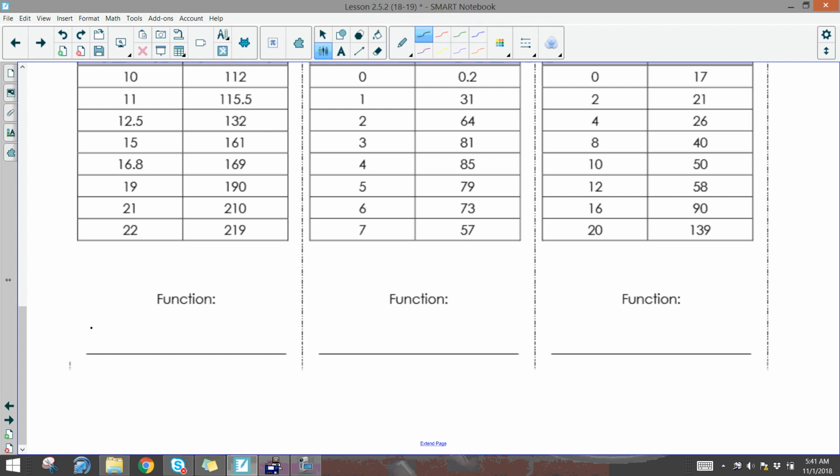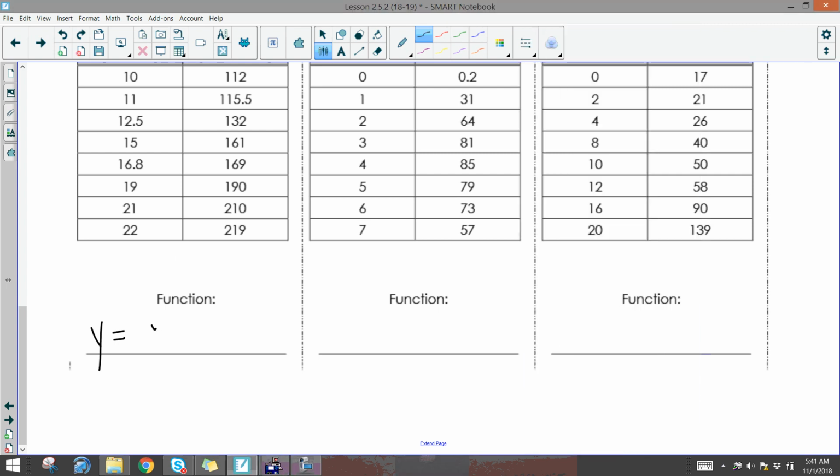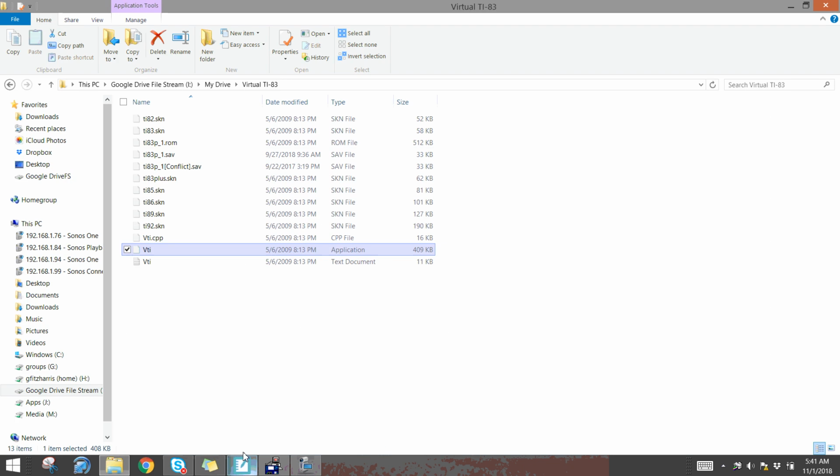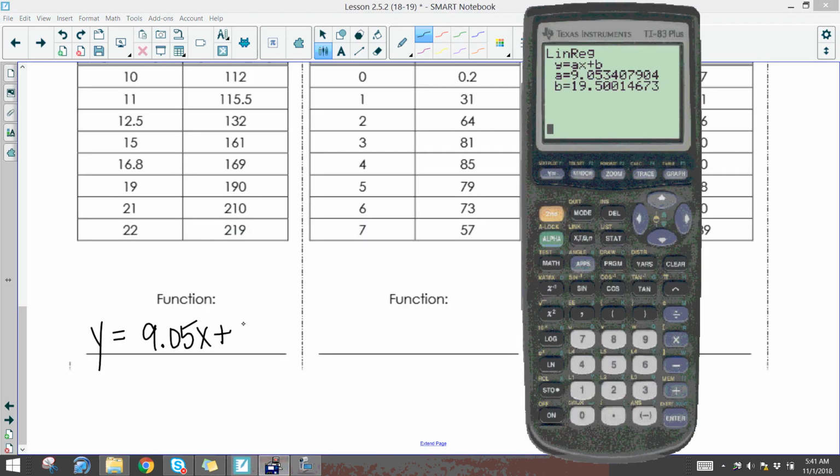All right, so we chose y equals, and thanks to my computer being super slow, I already forgot, 9.05x plus 19.50. All right.